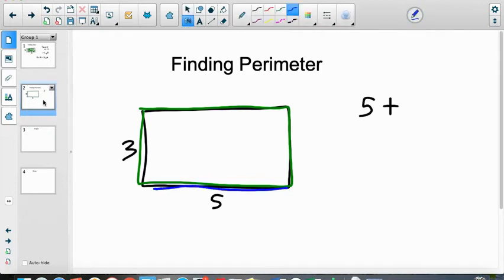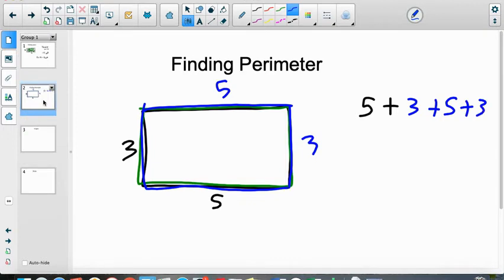So 5 plus 3 plus, now for a rectangle, that side's also 5, and this side's 3. 8 plus 8, and it's 16 units going around. So all the way around, if it were like a fence, is 16. That's perimeter.